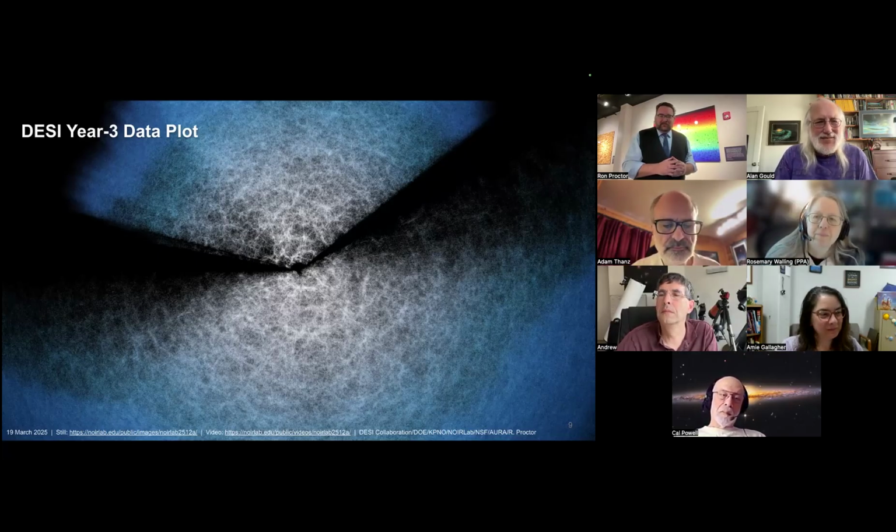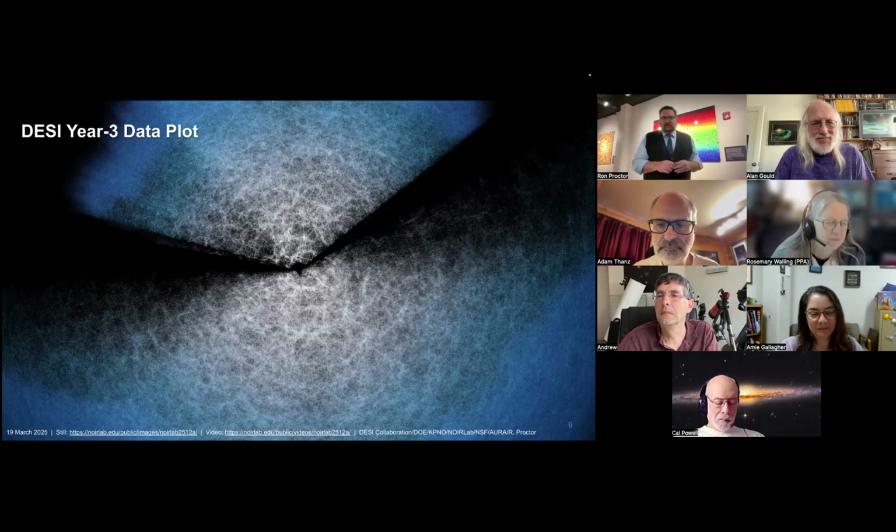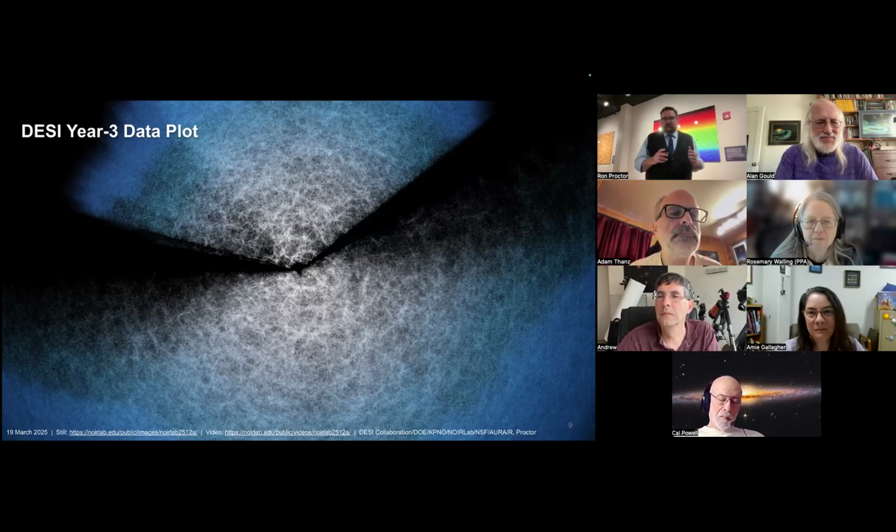And what's happening is here at Kitt Peak, we have the 4-meter telescope, which has an instrument on it called DESI, the dark energy spectroscopic instrument. And DESI, all night, every night, takes really precise measurements of how far away galaxies and quasars are from us.